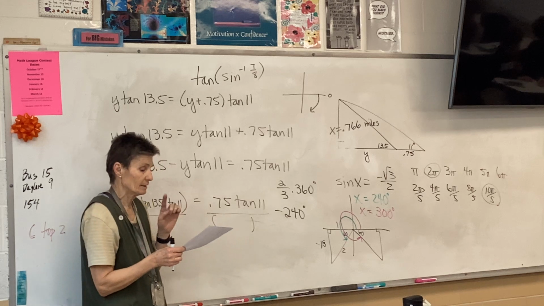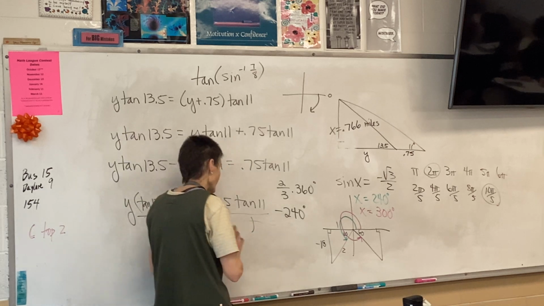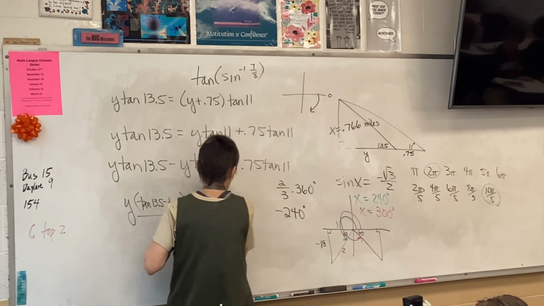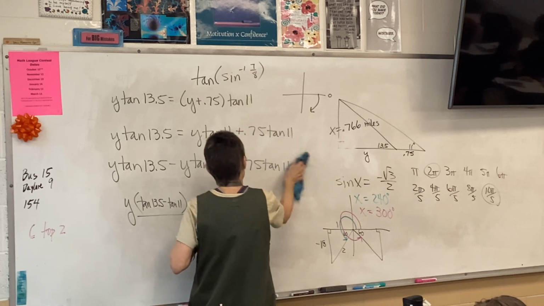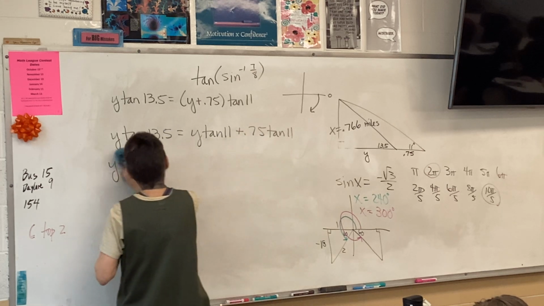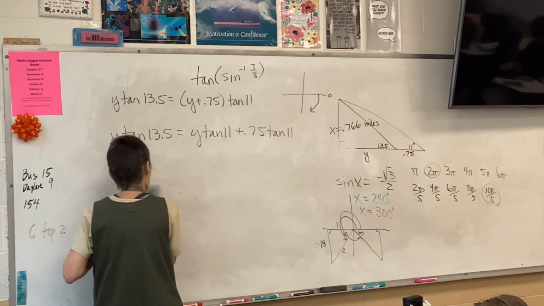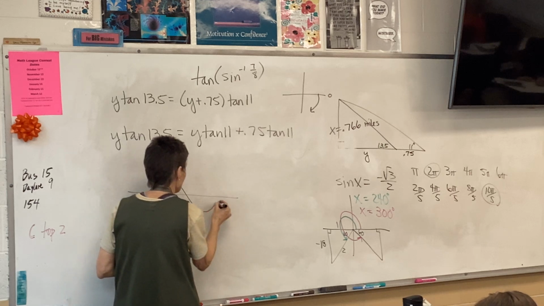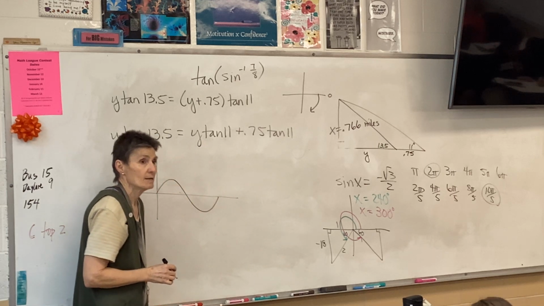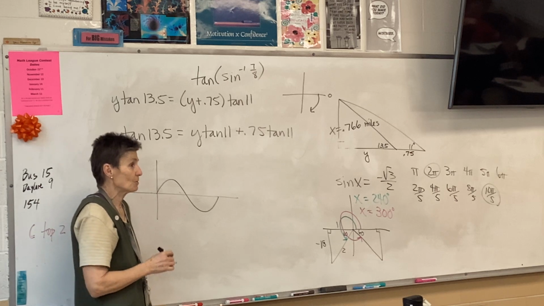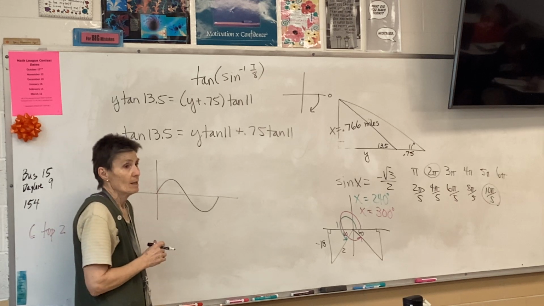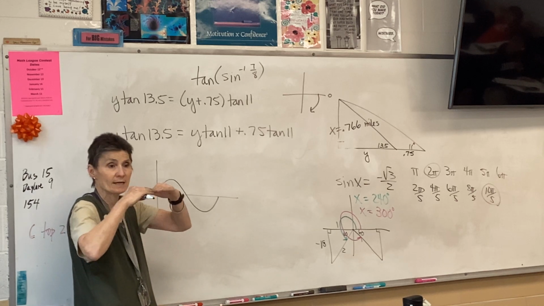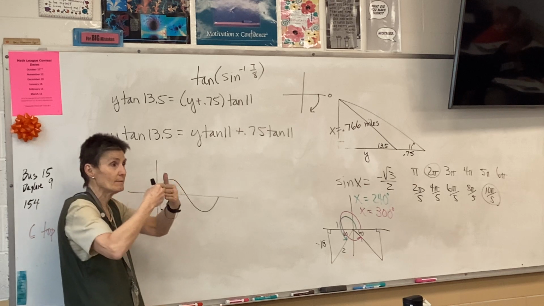Number 20. What is the period? That one is a little bit odd, but we can do it. What you need to remember is what happens when you take the absolute value of something. If I take the absolute value of a sine curve, everything comes up.